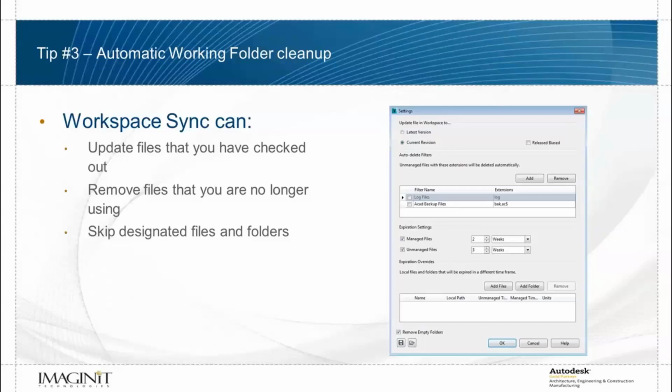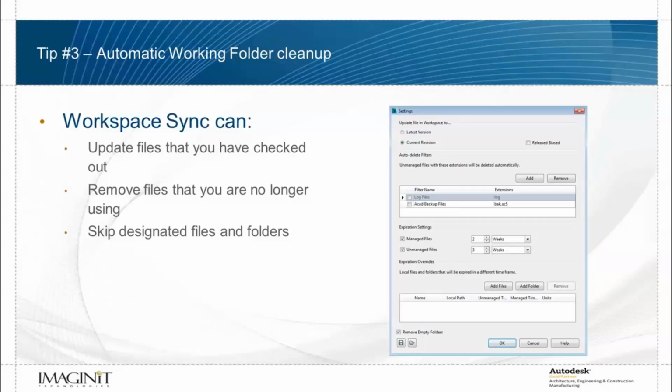Nothing wrong with that necessarily. It's possible that you're taking up space and you don't need these files. So you could then go in and start deleting files out of your working folder. Again, that's absolutely fine. You can do that with Vault Basic. You can manually go into your working folder and delete the files out.